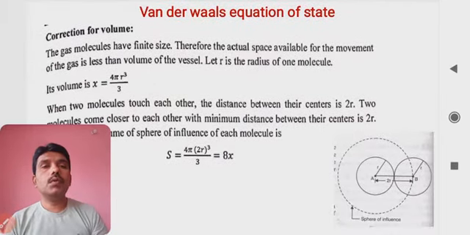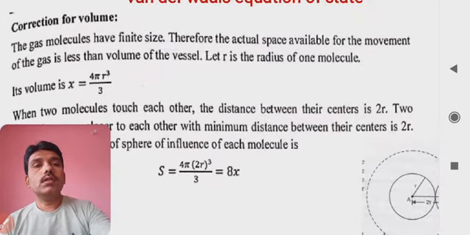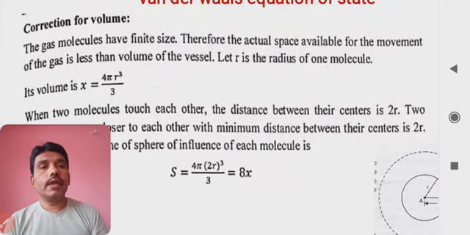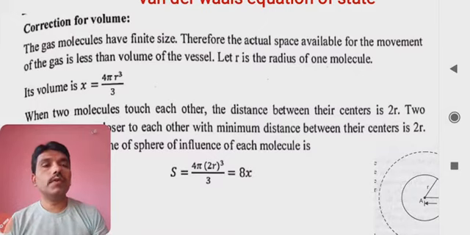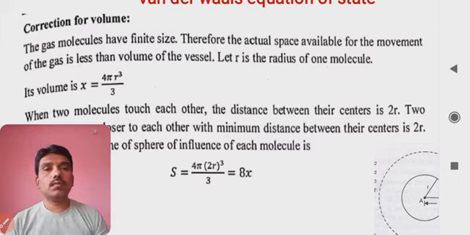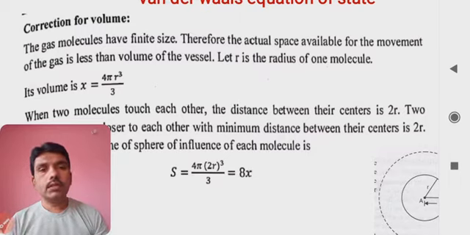And about the correction in the volume, as the molecule size is finite, there is a limit: the actual space available for the movement of the gas is less than the volume of the vessel. That means there is a chance of the gas molecule expanding up to a certain level.